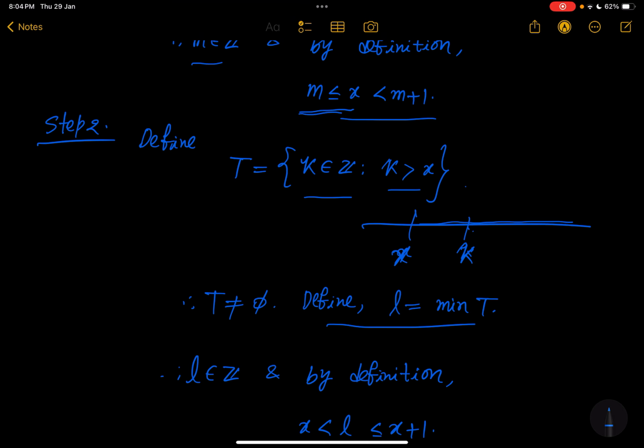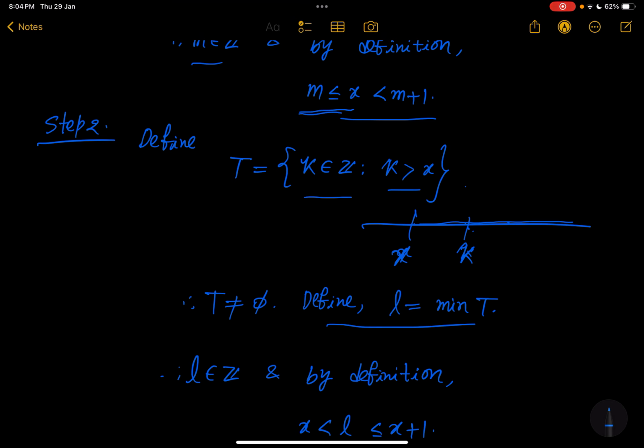That minimum l is automatically strictly bigger than x, and it has to be always less than or equal to x plus 1, right?